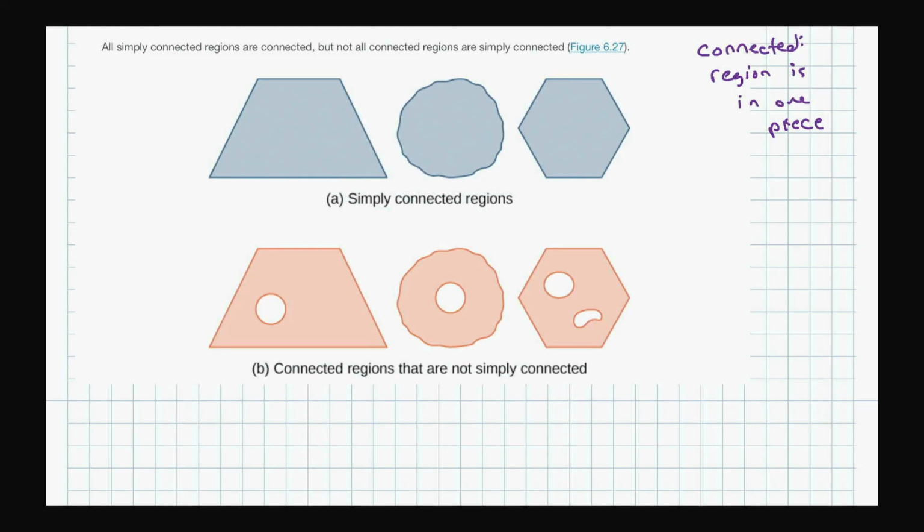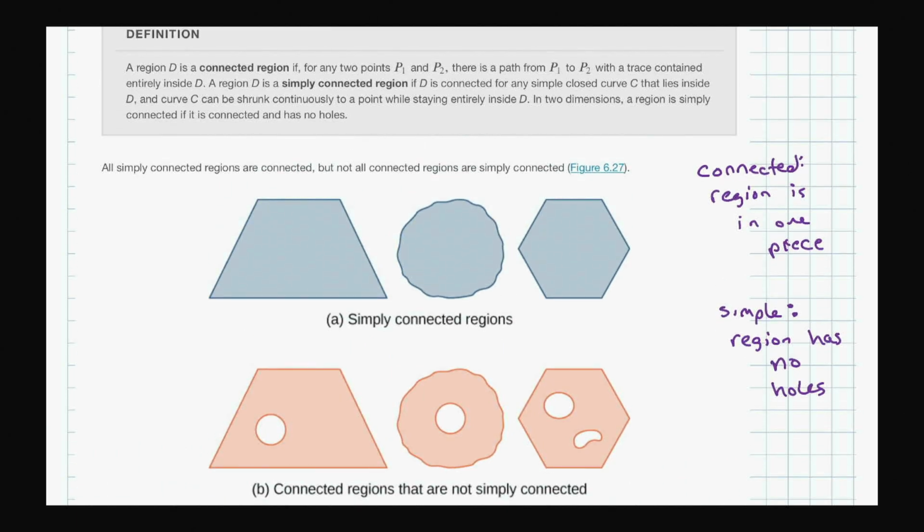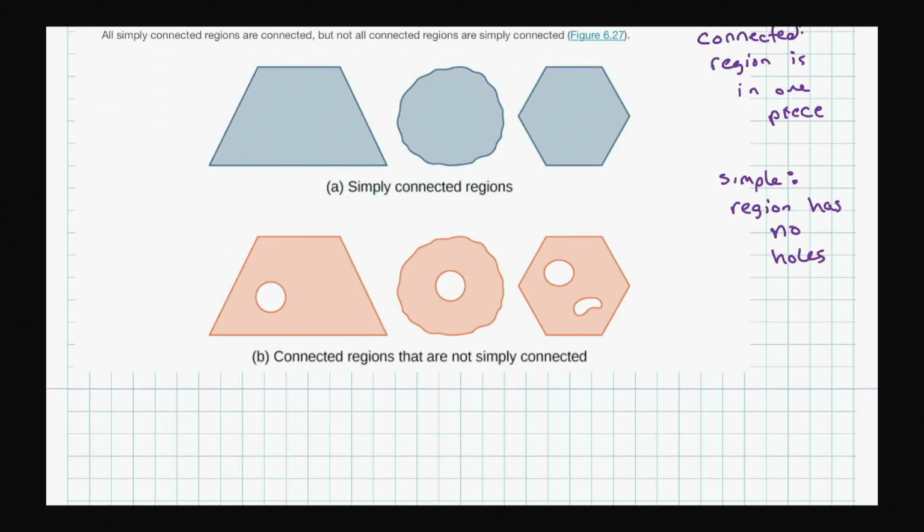Okay, and simple is going to mean the region has no holes. So with that in mind, of course, you can see exactly what's going on here. If it's simple, there's no holes. If it's connected, then it's in one piece.